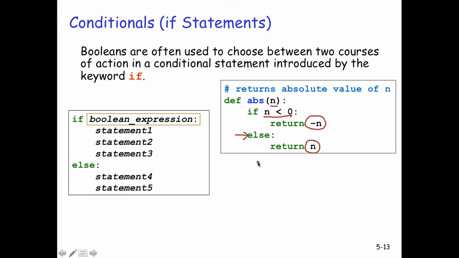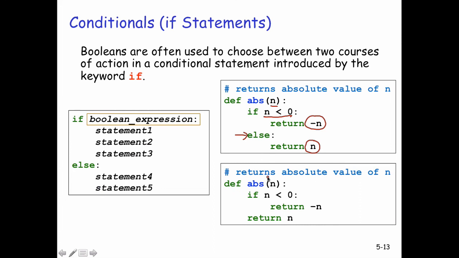As another example, we can rewrite the absolute value function not to have an else clause. Let's see how this works. In this version of the absolute value function, we have two statements in the body. The first is an if statement that does not have an else clause.